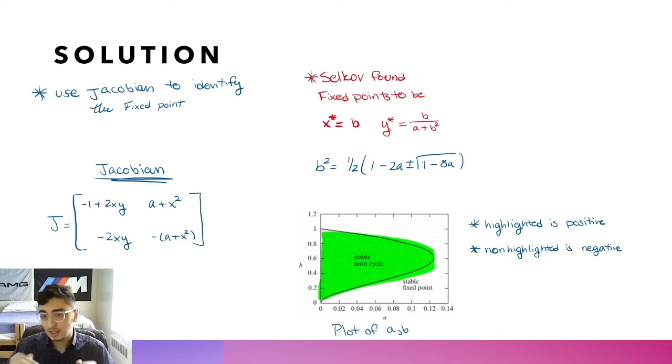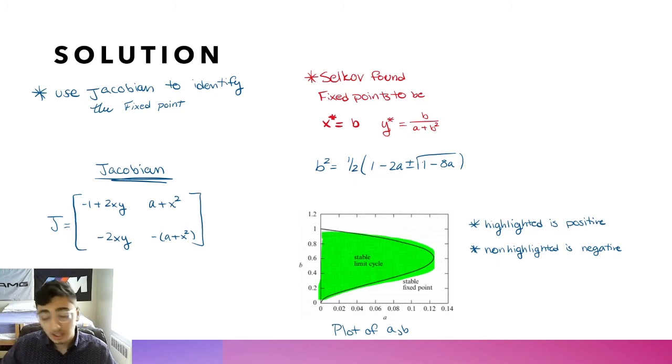It's kind of opposite from a stable fixed point, because a stable fixed point is negative and is moving towards the origin, not away from the origin towards a limit. So what we've discovered here is that the highlighted region is positive while the non-highlighted region is negative, creating two separate things, a stable limit cycle and a stable fixed point.